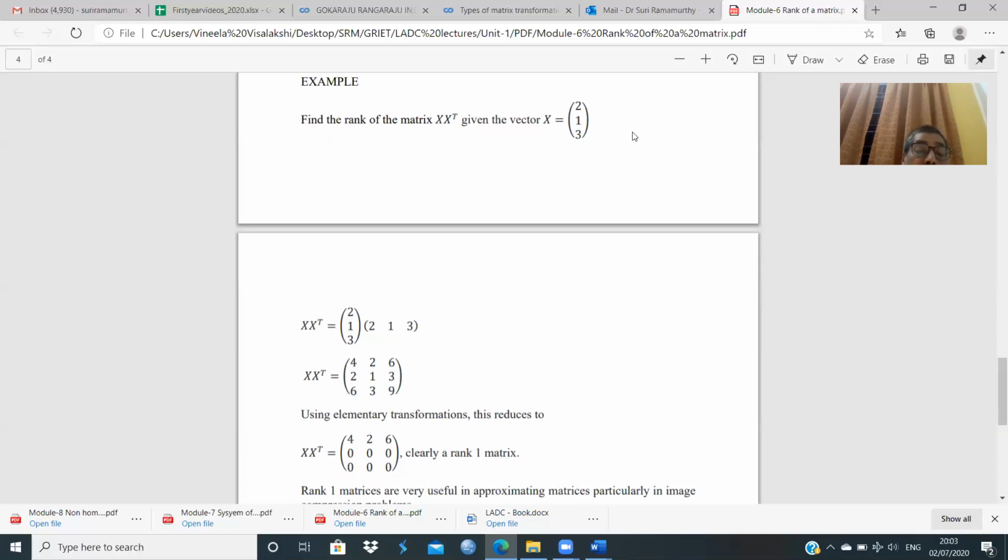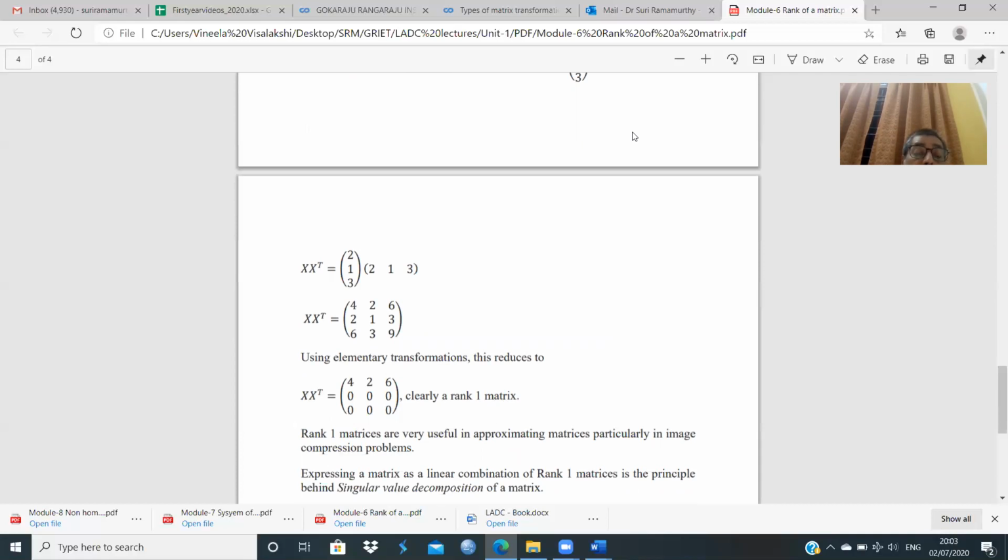Similarly, the third row depends on the first row. That is, if you multiply the first row with 3 and the third row with 2, they are identical. In which case we can say the second and third rows depend exclusively on the first row. Therefore, if you do a row reduction using elementary transformations, you get a rank 1 matrix.